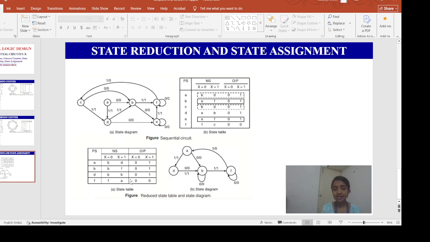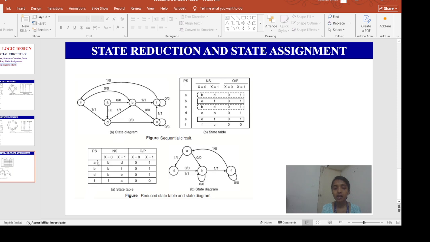Suppose this is the state diagram, and from this state diagram we need to get the state table. So now this is my state table, and from this state table we can easily draw the state diagram. Suppose now A, B, D and F are there.